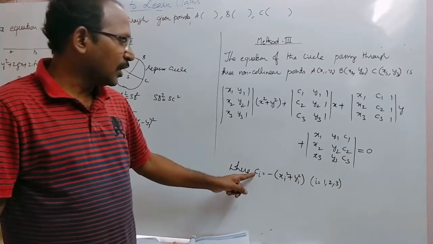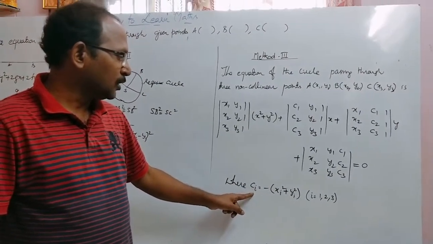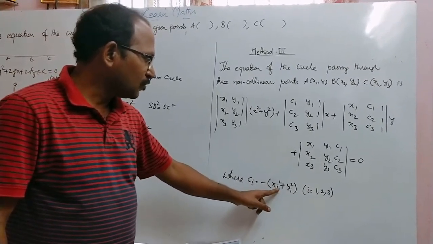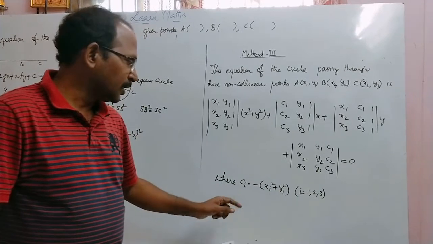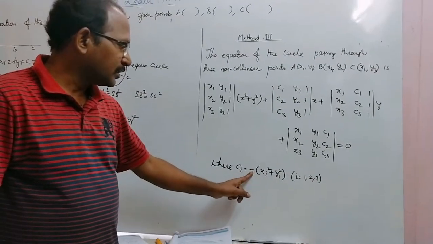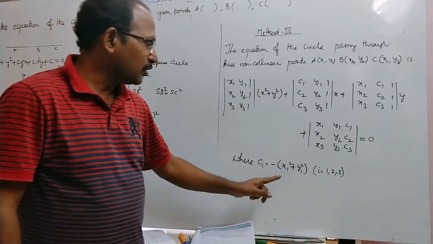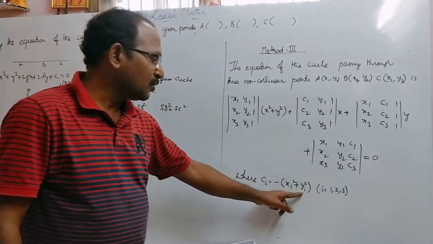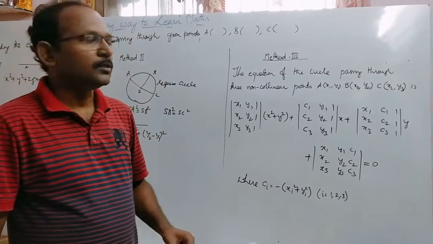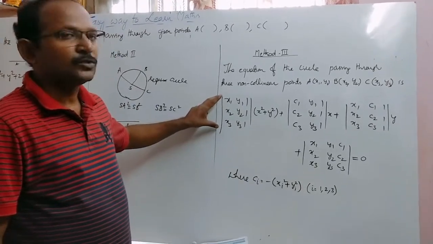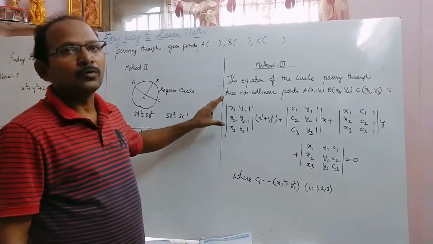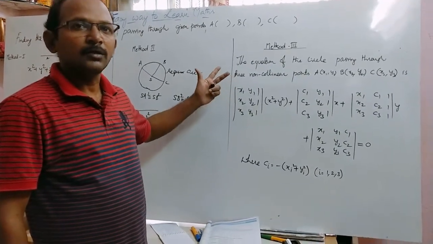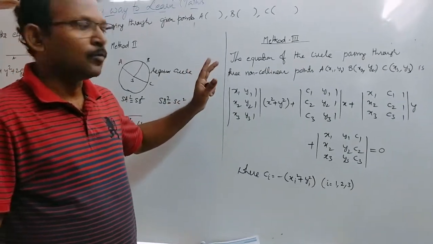That means if you want to derive the value of c1, you substitute i as 1. c1 is equal to minus of x1 square plus y1 square, similarly c2 is equal to minus of x2 square plus y2 square, and c3 is equal to minus of x3 square plus y3 square. Then after deriving, we have to go back to matrices and find the determinant value, expanding along any row or any column.